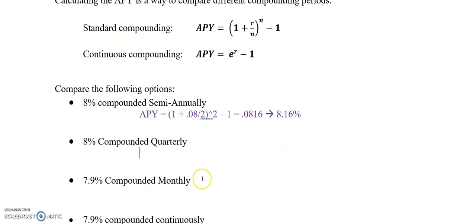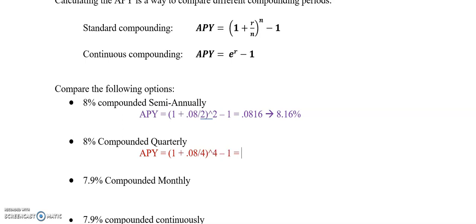Now let's do the same thing for 8% compounded quarterly. And again, because we're still using a standard compounding period, we're going to use our APY formula of 1 plus R, which is still 8%, or 0.08, but now our compounding period N is 4.